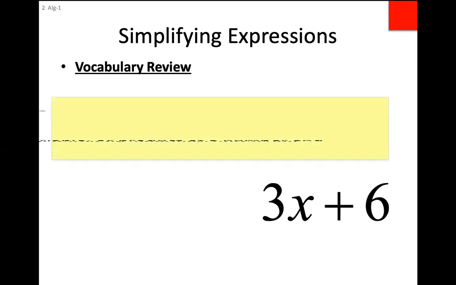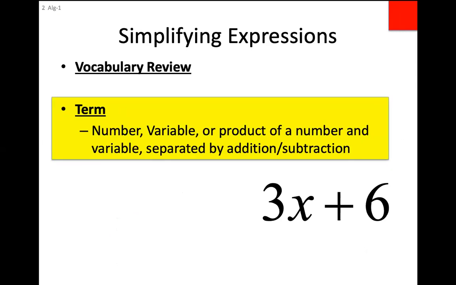All right. Write this down in yellow, box 2. You are what we call a term. If you're a number, a variable, or the multiplication of those two things.